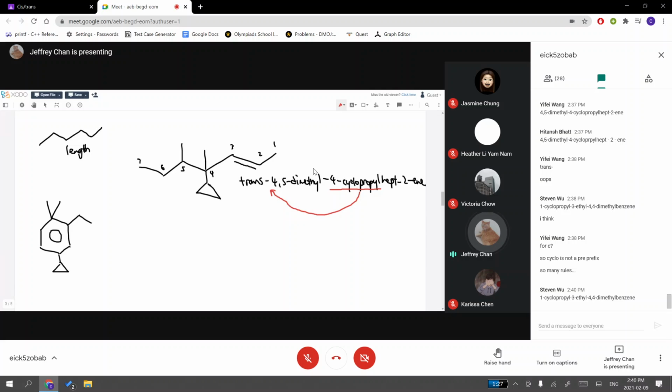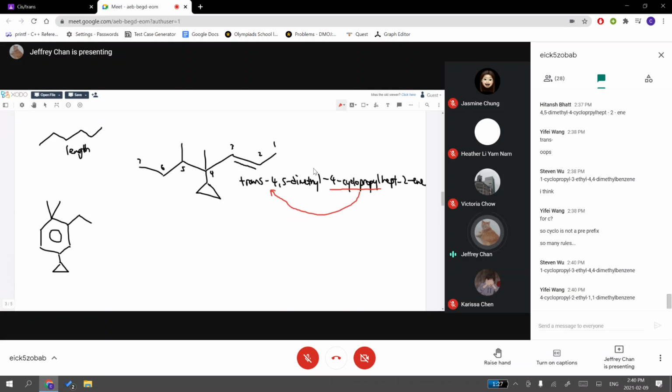Okay, 1-cyclopropyl, 3-ethyl, 4,4-dimethyl. I would switch the naming around, Stephen. They're all just branches, right? So you would start here. So it gives a 1, 1, 2, 4 for branches.